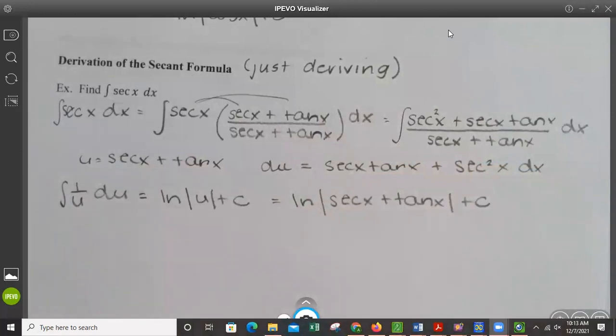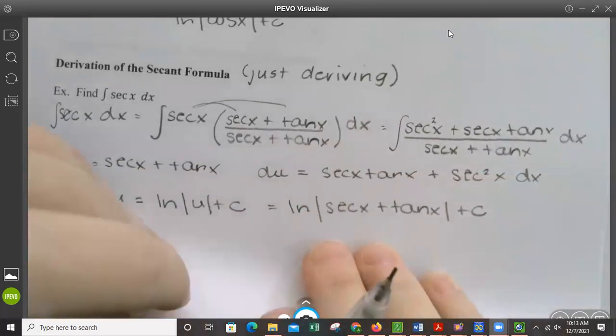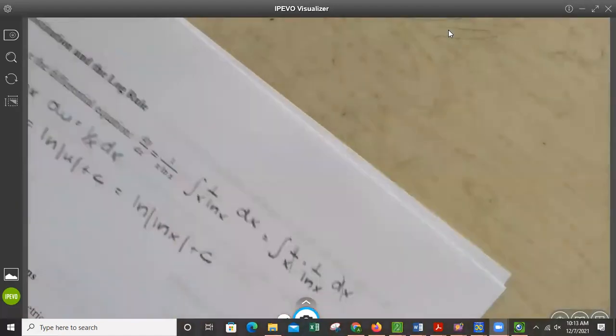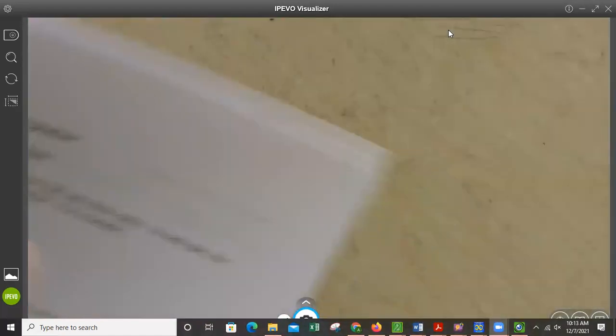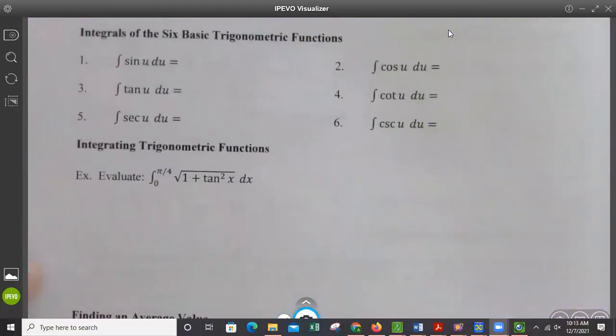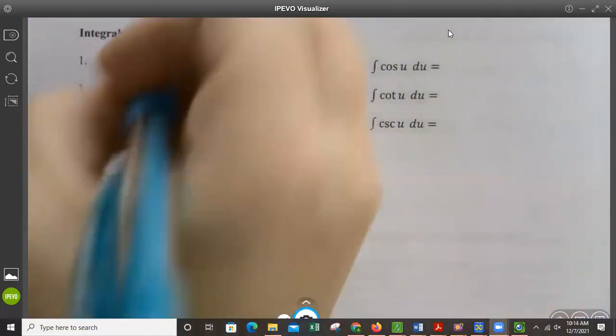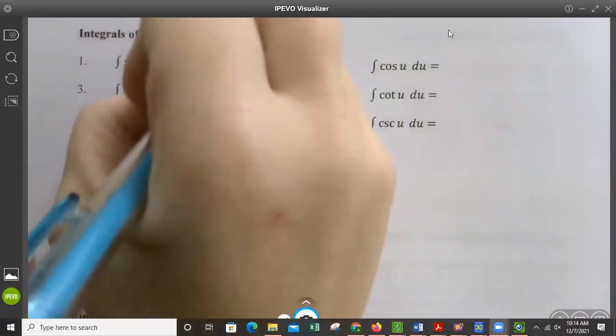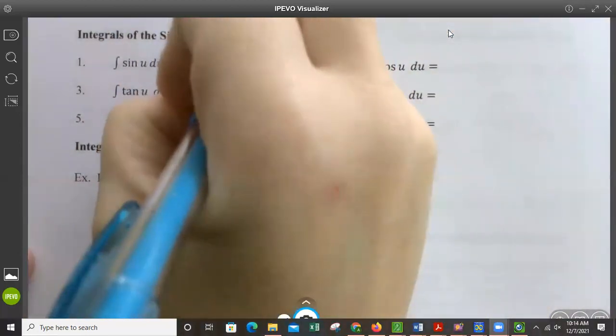All right, so here are those integration rules, and then we have 2 examples, and then we're done. The 2 examples are definite integrals, so we're just plugging in. Same thing, and we can use these up here. So the integration of sine is negative cosine u plus c.